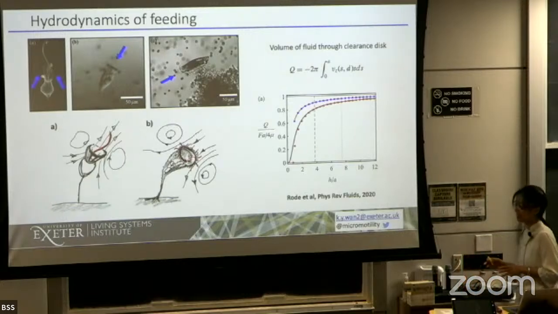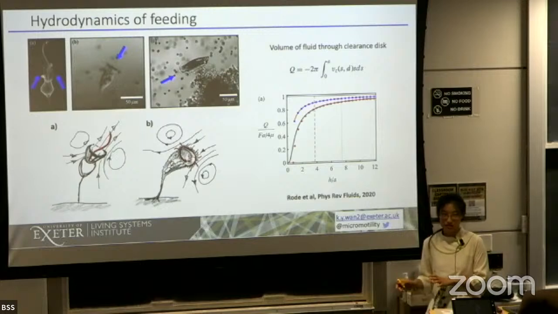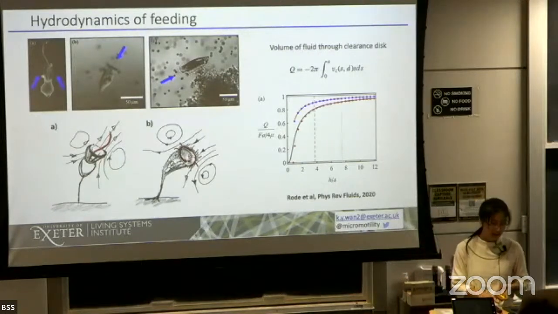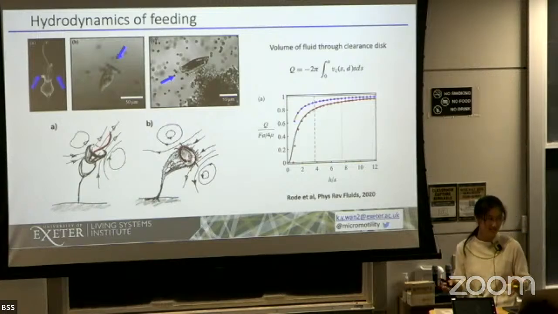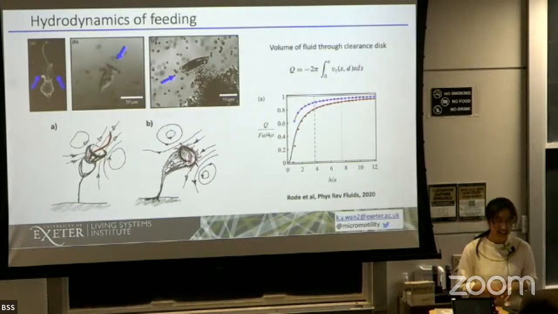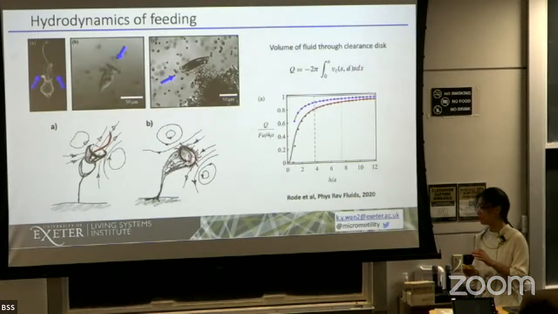In this case, the cells are no longer freely swimming, but the configuration they often adopt is to attach themselves to some sort of boundary, where they then adjust the orientation of their body axes.